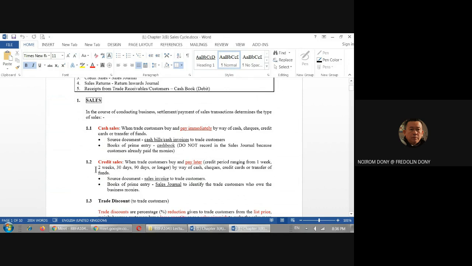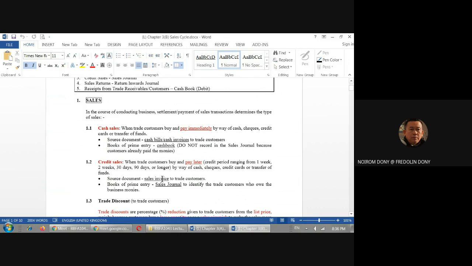If it's paid immediately, then it's cash sales. Either you look at the source document: if it's a cash bill, then definitely this is cash sales. But if the source document is an invoice, meaning it is credit sales.